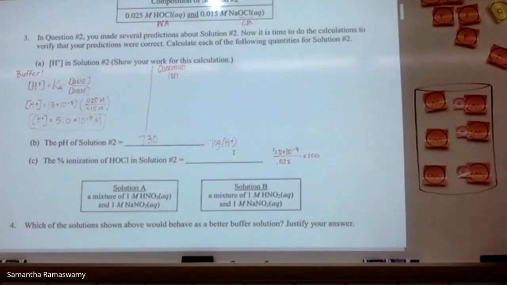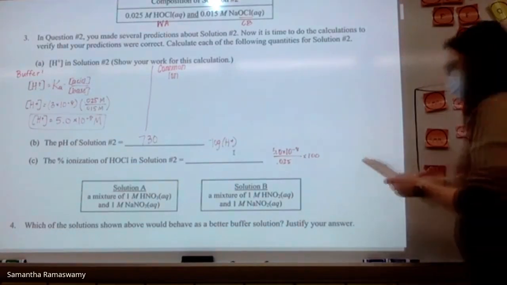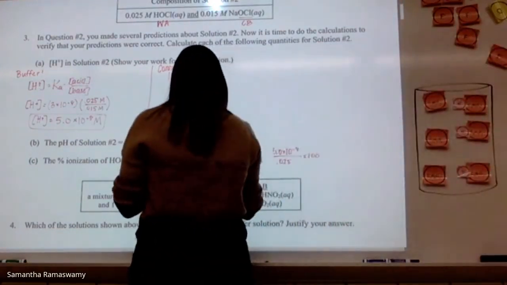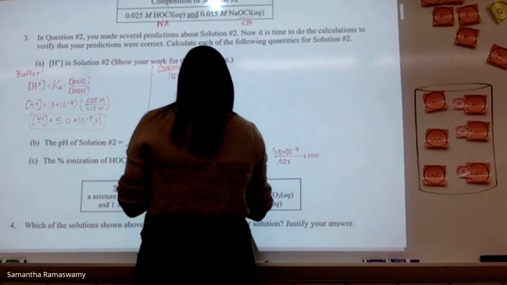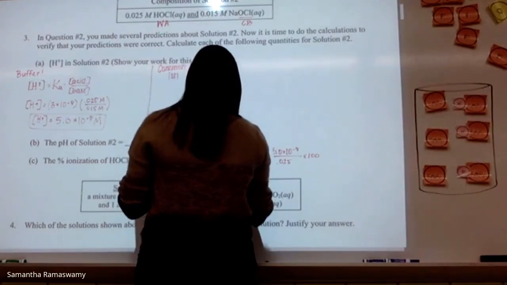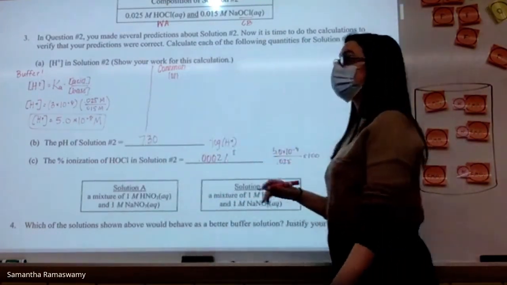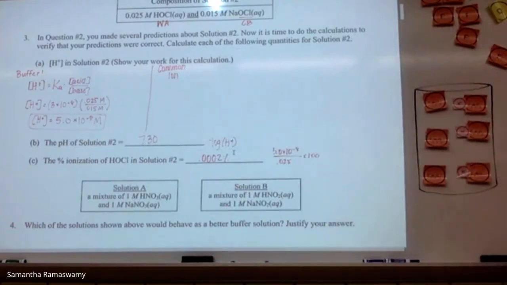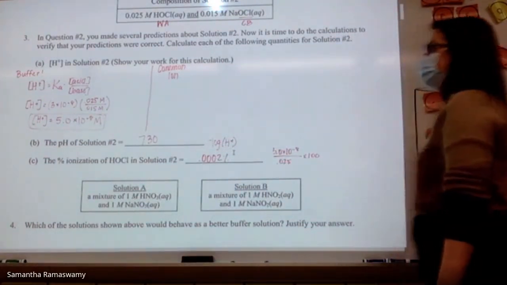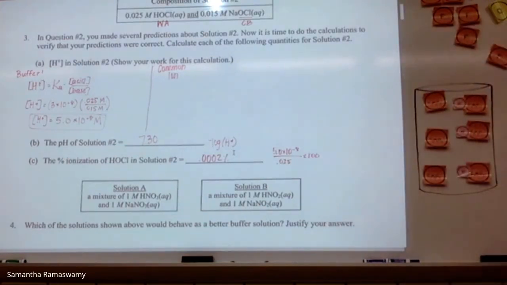I got a tiny number. Even as a percent, it's a very small number: 0.0002%. So adding a common ion, creating a buffer, lowered the percent ionization. So in number 3, we were just verifying those predictions that we made in number 2.